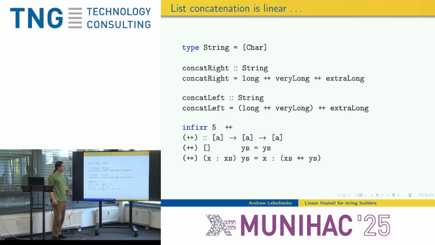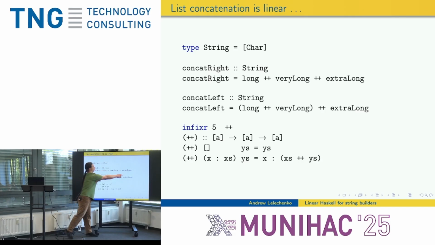So as Hekate correctly said, plus plus is linear in its first argument. It will do as much work as you have elements in the first argument of concatenation. So if you do concatenation this way, you first spend as much time as the length of this string, and then as much time as the length of this string.